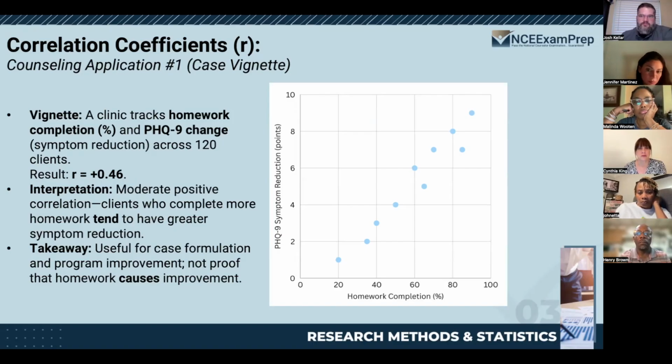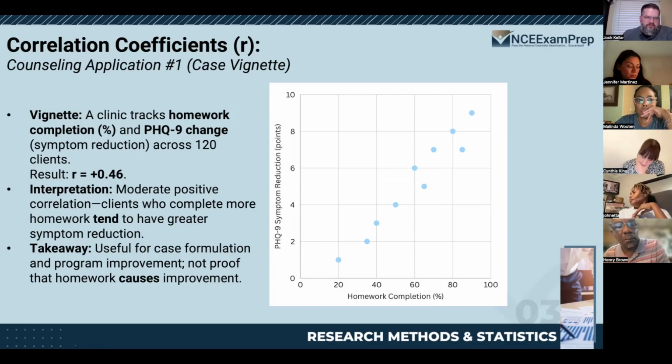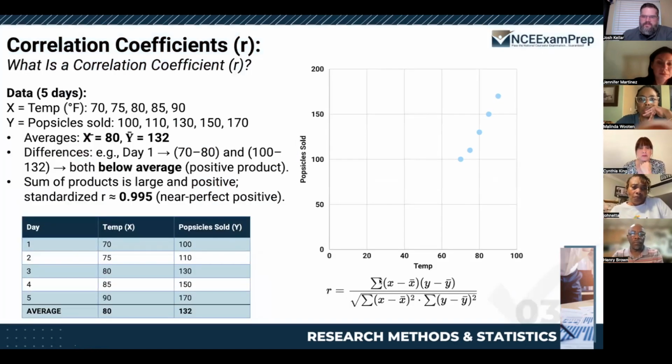Can I ask you a question, please? Yeah. I understand this. I'm just trying to understand, how did you come to the result of 0.46 by looking at that chart? Did you add and do the means? No. How we get to 0.46 is with this fancy formula right here.